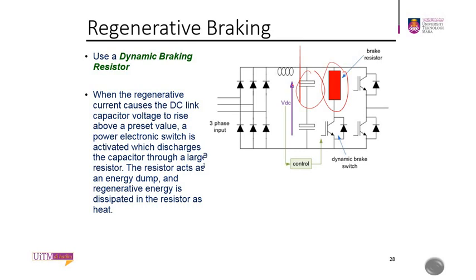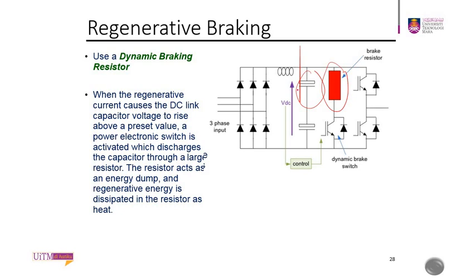So when the regenerative current causes the DC link capacitor voltage to rise, a power electronic switch is activated, which will discharge the excess power to the large resistor, and it will act as an energy dump.